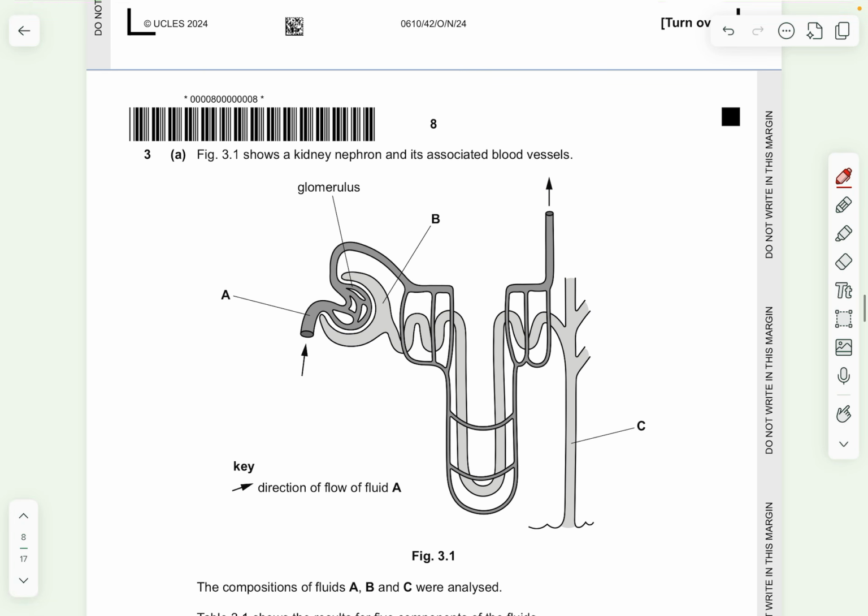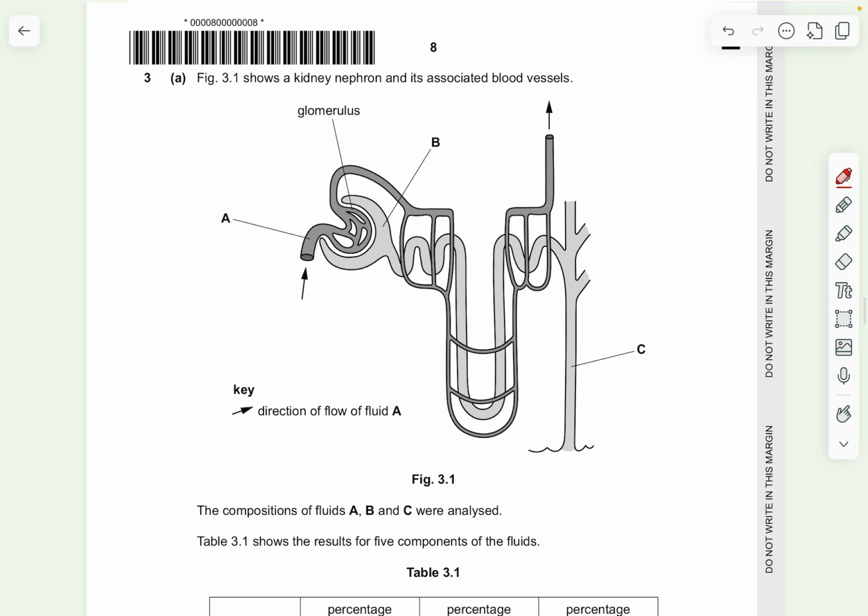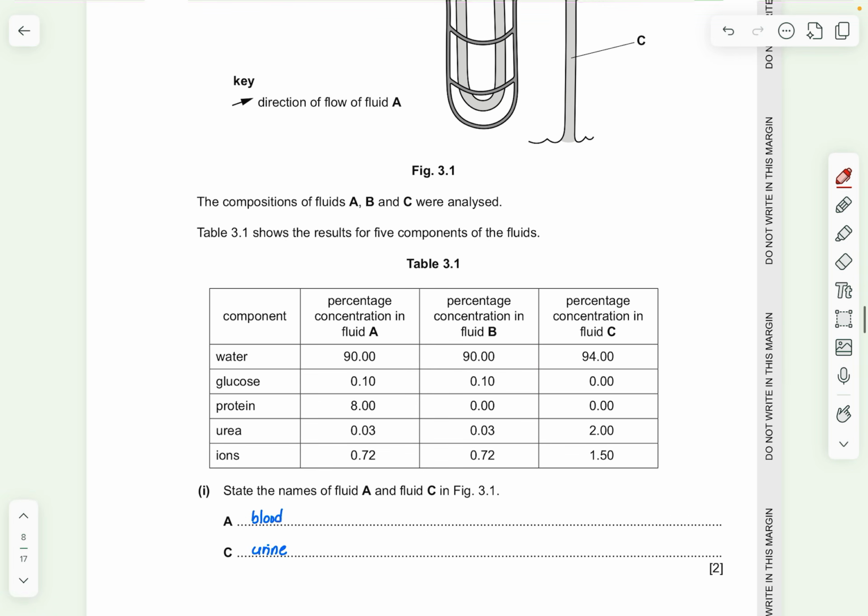Alright, question 3A. Figure 3.1 shows the kidney nephron and its associated blood vessels. Again, it's a very familiar diagram that you should expect from the excretion chapter. The composition of fluids A, B, and C were analyzed. Table 3.1 shows the result of 5 components of the fluid.